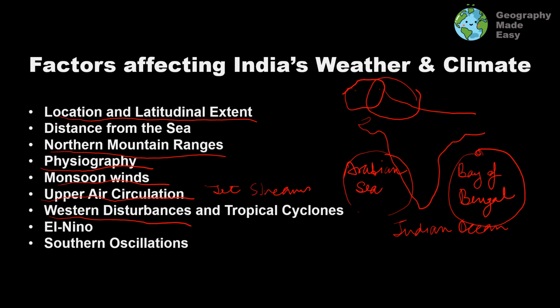I hope you remember that winds always blow from regions of high pressure to regions of low pressure, because if we imagine winds, they occur just like in case of rivers. So high pressure zones are zones which have a lot of wind density, or a lot of wind is there, and low pressure zones are zones which have less wind, or less air molecules.